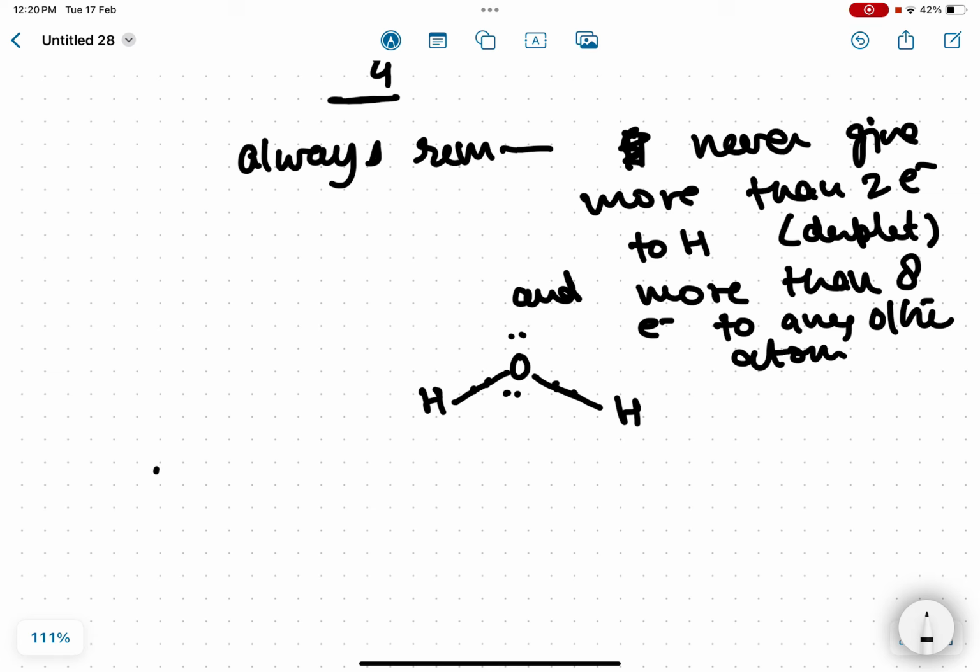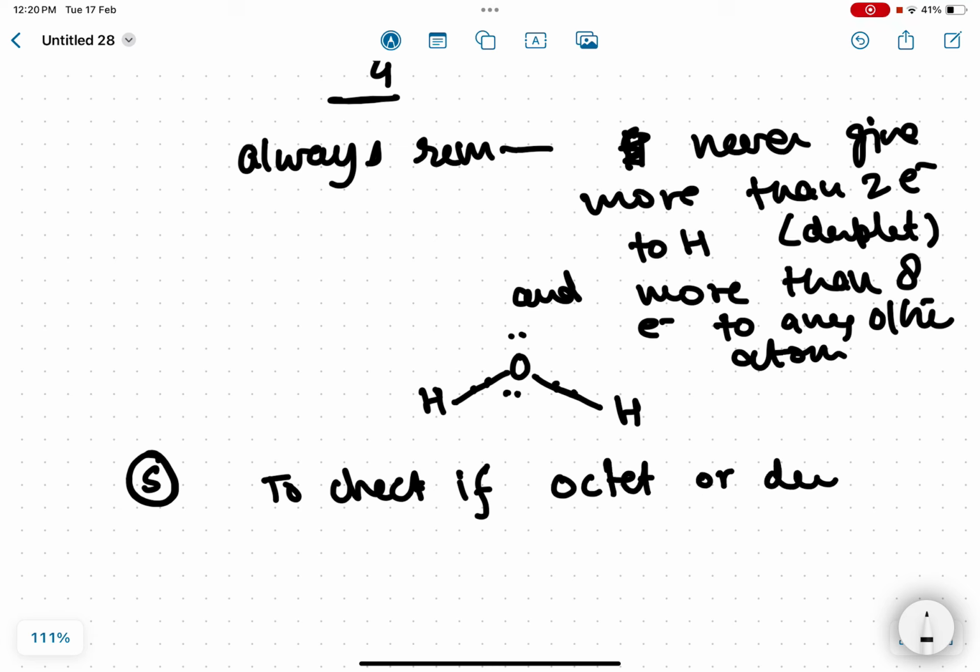And now the fifth step is to check if the octet, or duplet in the case of hydrogen, of all atoms is complete.